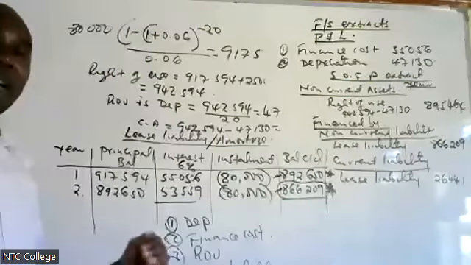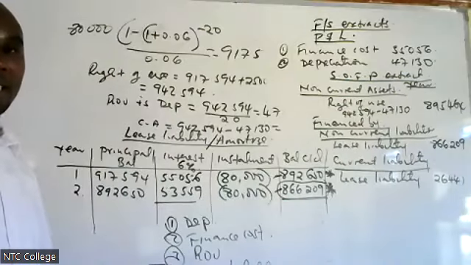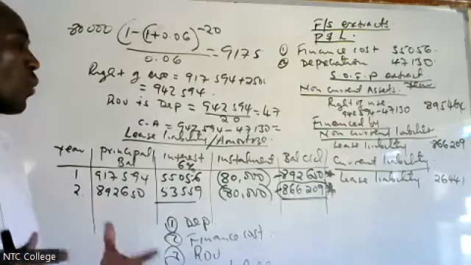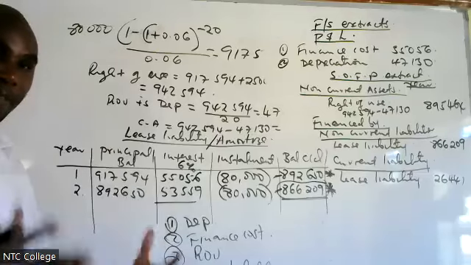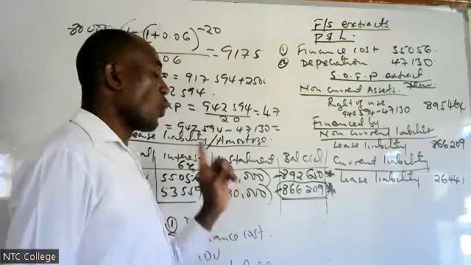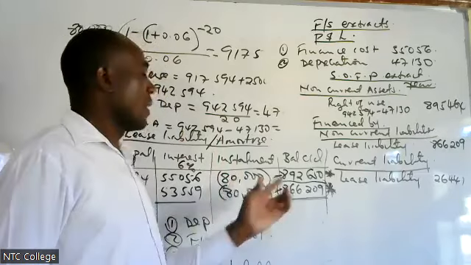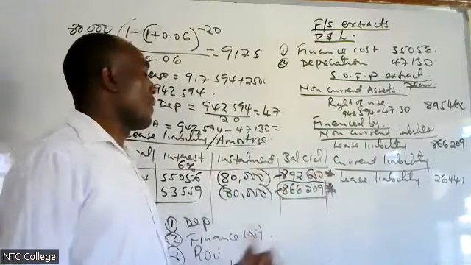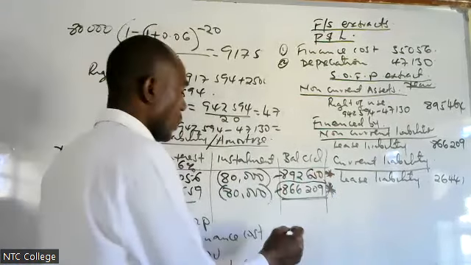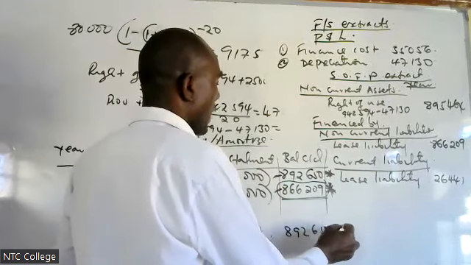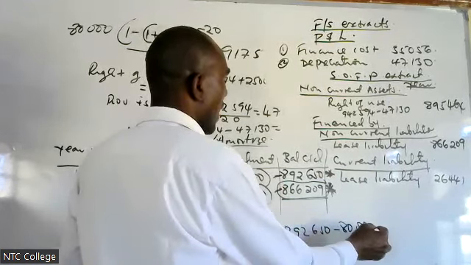But when payments are made in advance, listen very carefully. When payments are made in advance, then when the examiner asks you year 1, you only prepare for that year. The non-current liability will be, in this case, 9,892,650 minus the installment of 80,000.